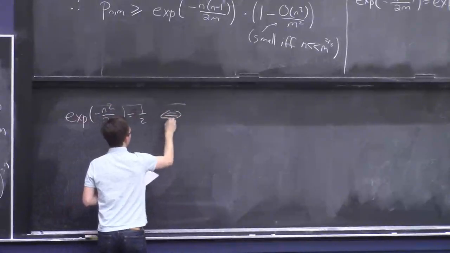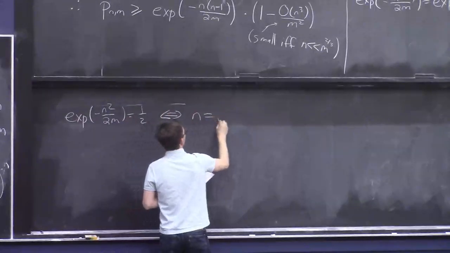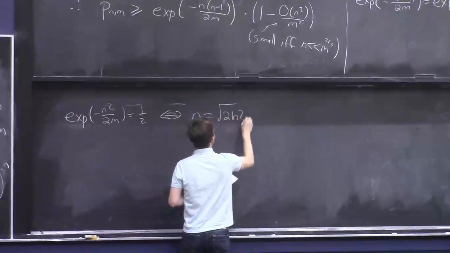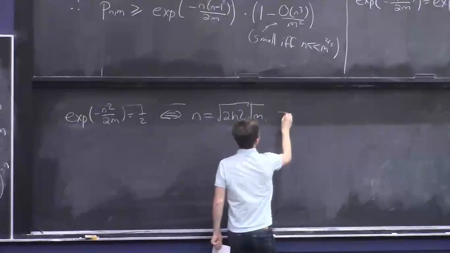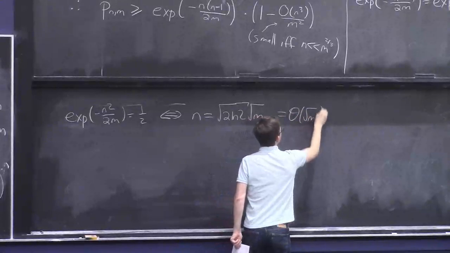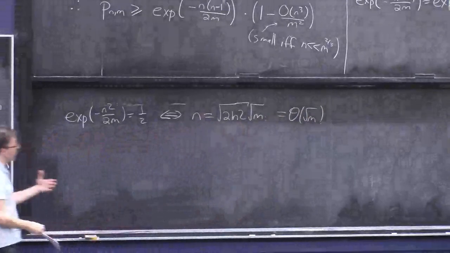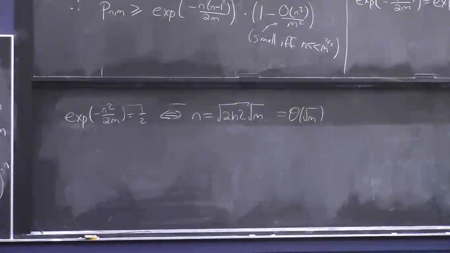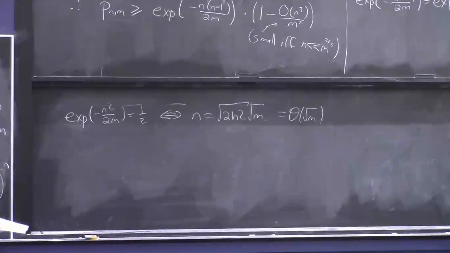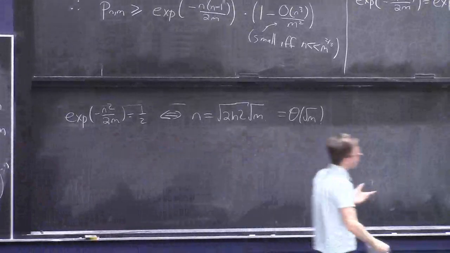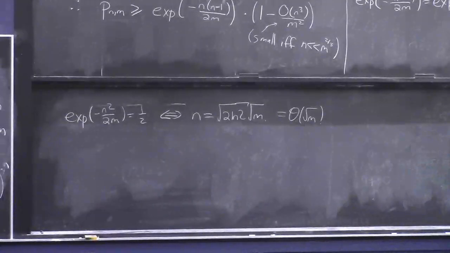Well, we can solve this easily enough if and only if n is like root 2 log 2 times root m. Or even just forgetting about that exactly, root m. So somehow the most interesting phase transition occurs when the number of balls gets to be the square root of the number of bins. That's where it goes from likely to unlikely for there to be no collisions. And actually, it's kind of interesting that's where the error terms become about the same. They're both order 1 over root m.